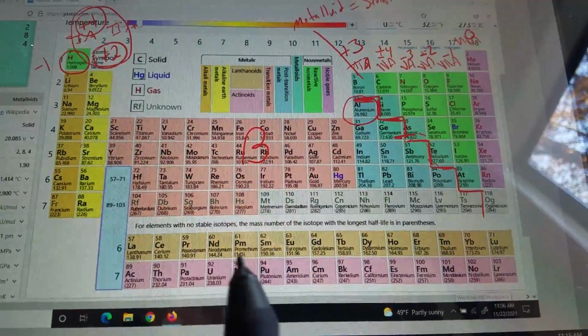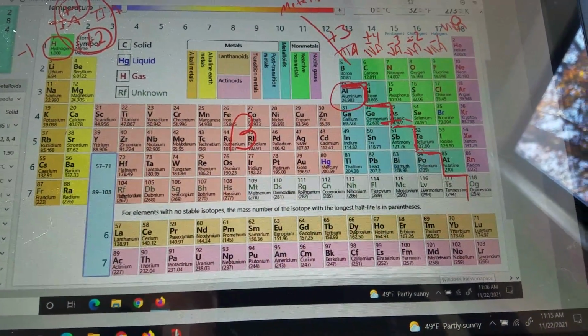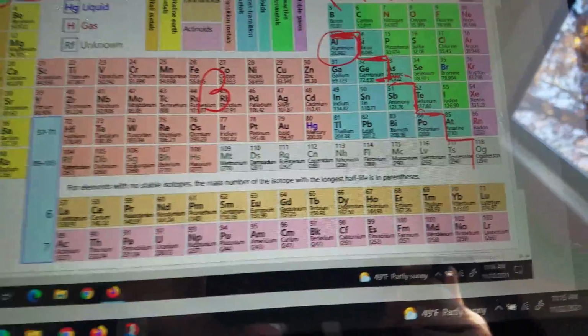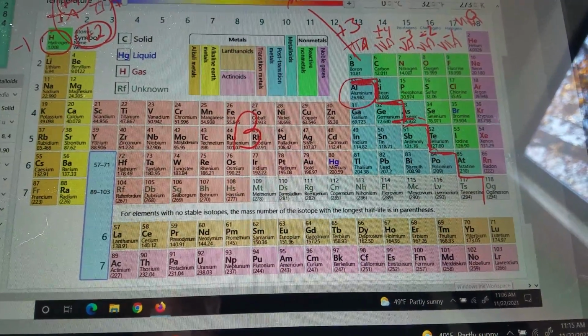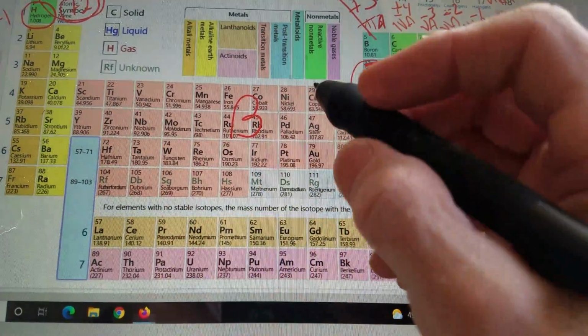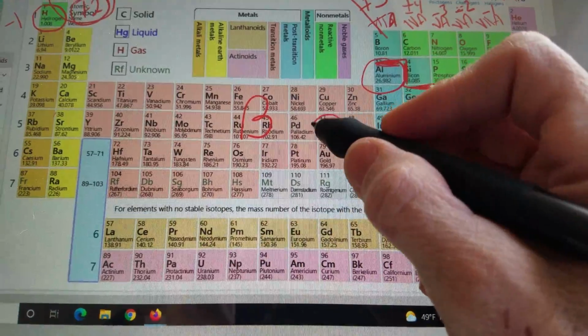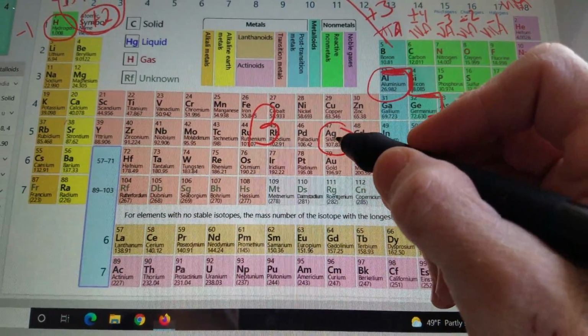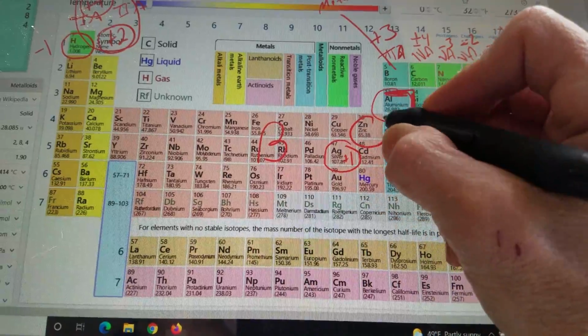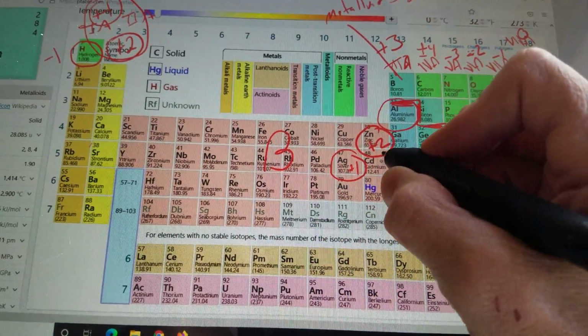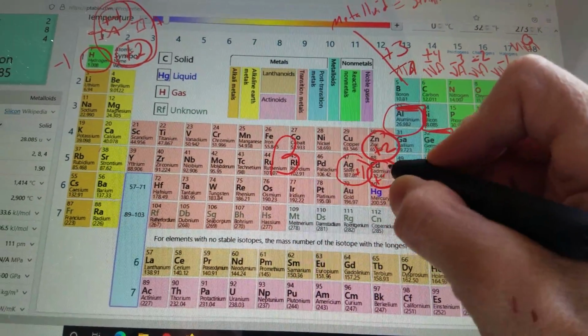And so this is one of the things you'll be looking at when you're naming ionic compounds: you have to use a Roman numeral in the name to indicate what charge it might actually have. The exceptions are silver, which is always plus 1, zinc, which is always plus 2, and cadmium, which is always plus 2.